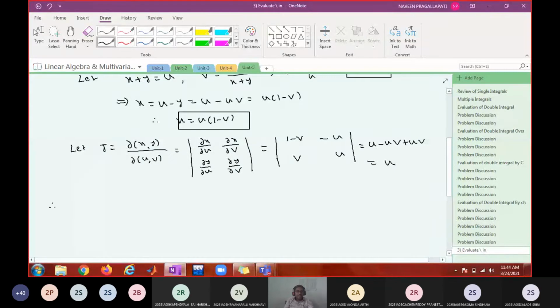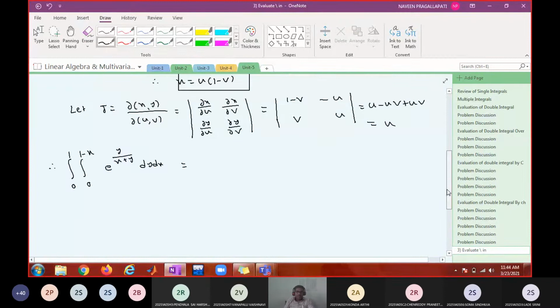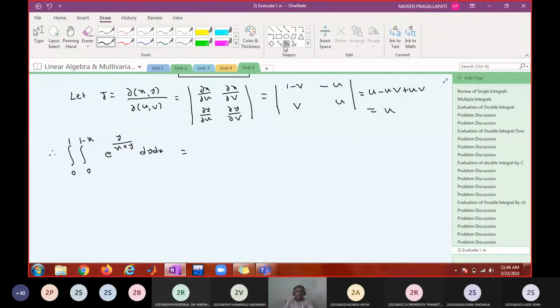Therefore, double integral, 0 to 1 minus x, e power y by x plus y, dy dx. Okay. What kind of region it is? You know, it's a triangular region in the xy plane, right?